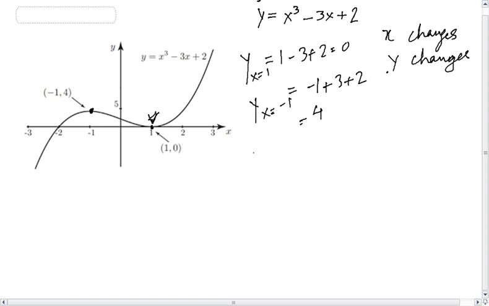What we will do is calculate the first derivative, dy by dx, of x cube minus 3x plus 2.